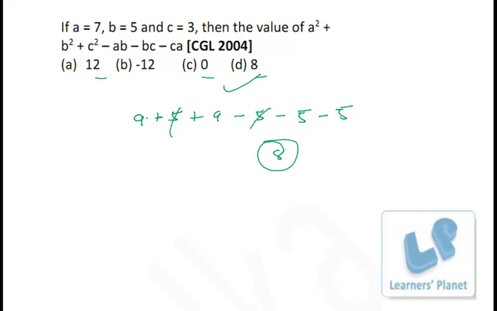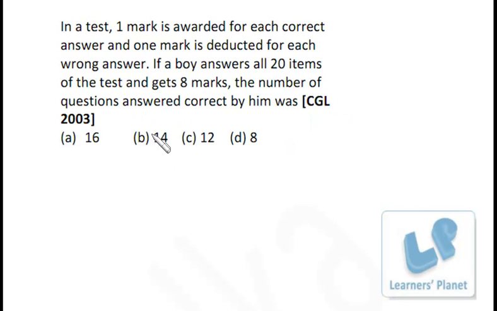Now that's a very interesting question. In a test, 1 mark is awarded for each correct answer and 1 mark is deducted for each wrong answer. If a boy answers all 20 items of the test and gets 8 marks, the number of questions answered correctly by him was? Okay, I'll be solving this problem using the alligation method.